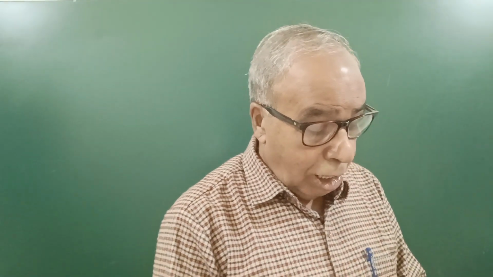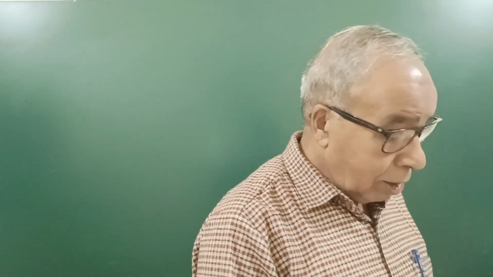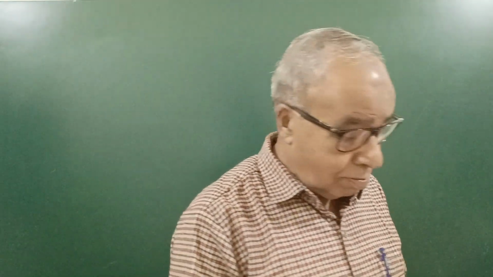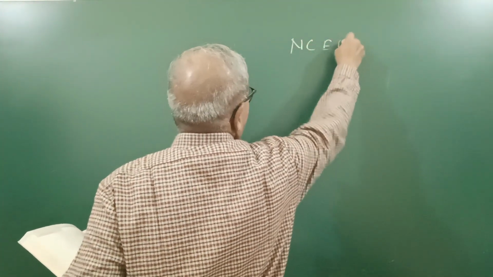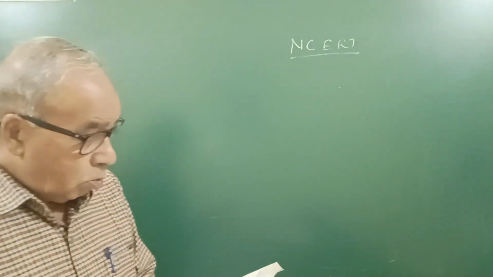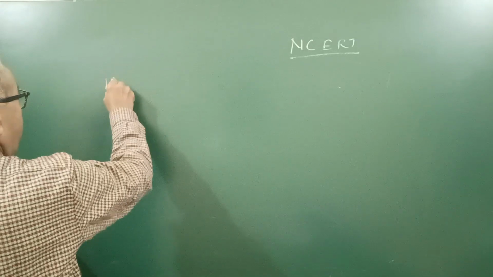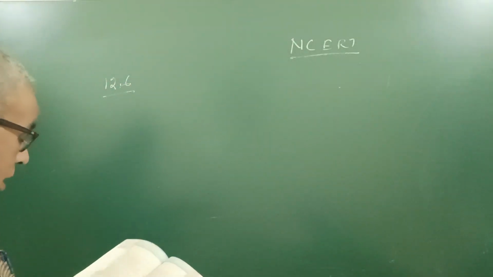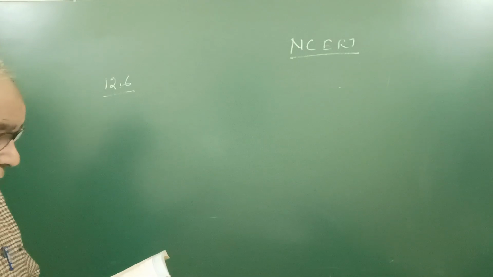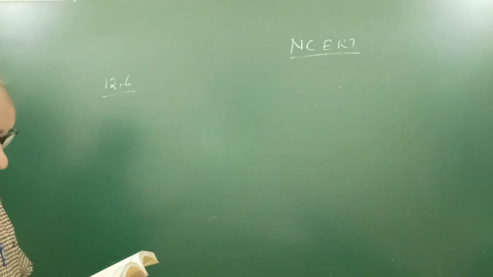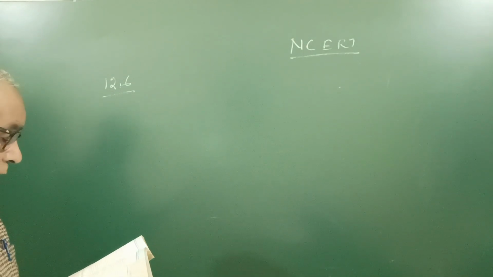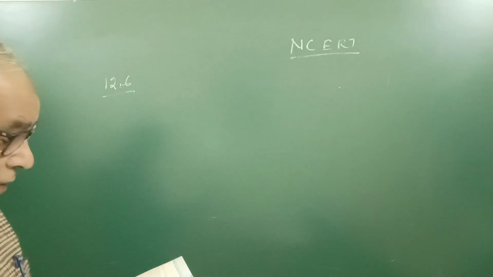नाउ 12.6, a good question and has been asked many times in board exam. These questions are from NCERT book, volume 2. NCERT से हैं ये क्वेश्चन सब, volume 2. 12.6. Question says here, a hydrogen atom initially in the ground state absorbed a photon which excited it to n equal to 4 level.